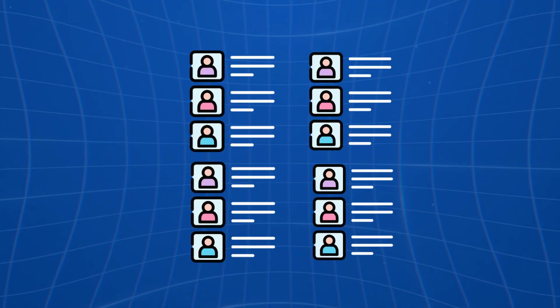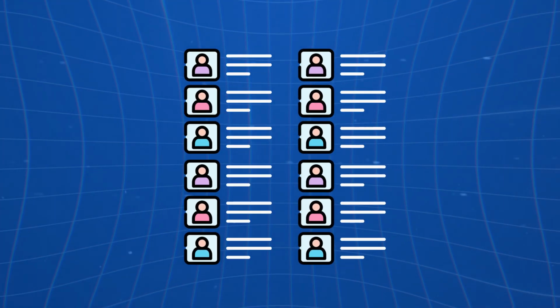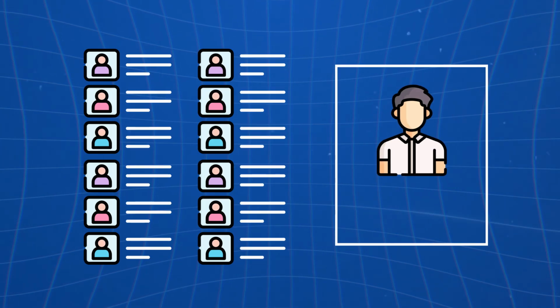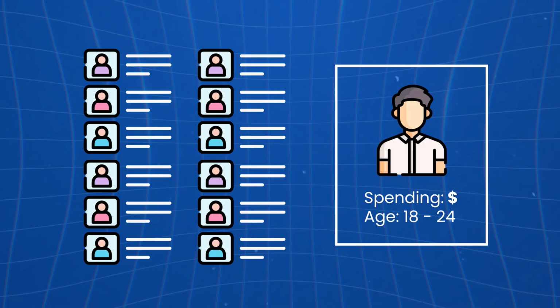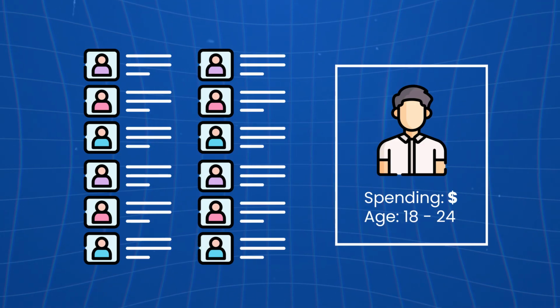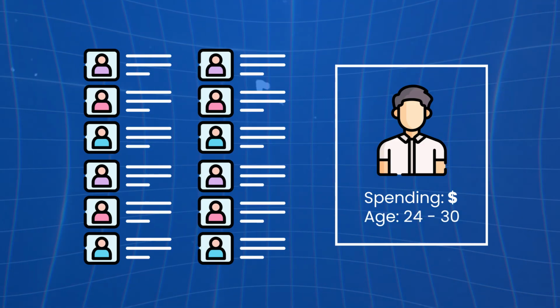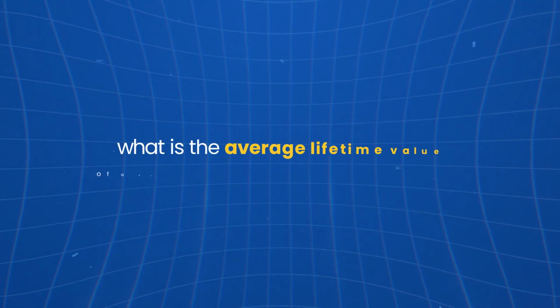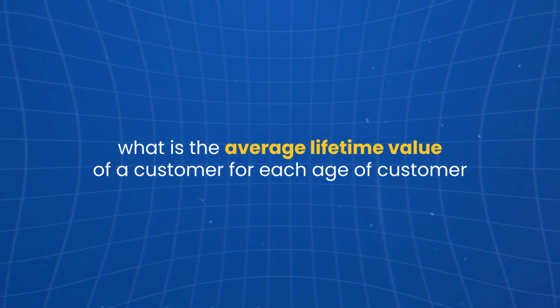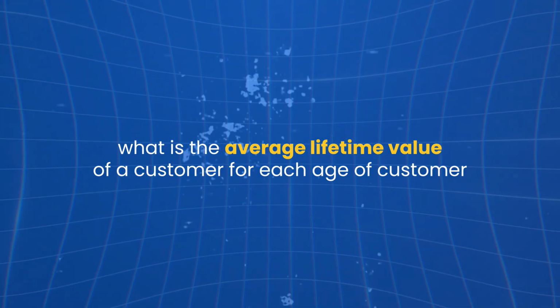You give them your customer list of the customers you have. Here's the one in the middle, here's who spends the least, and here's the average age demographic for each one, and break it out in terms of bracket, 18 to 24, 24 to 30, and so on and so forth. So you actually can see what is the average lifetime value of a customer for each age of customer that you have.